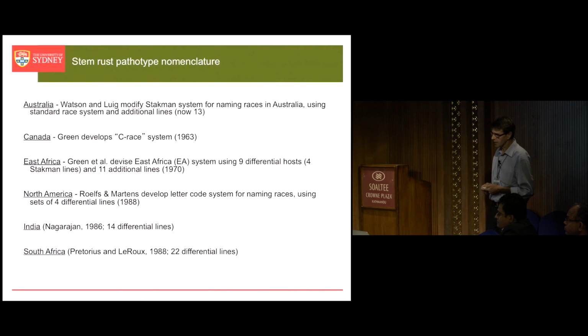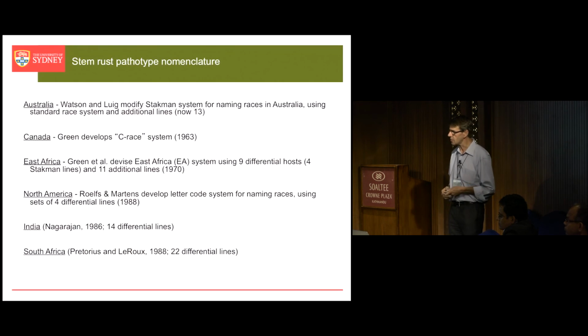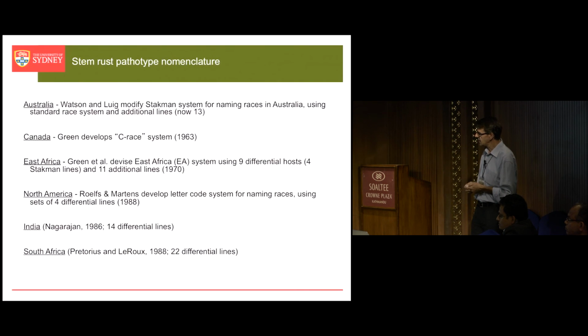In Canada, back in 1963, Dr. Gordon Green developed a system that he called the C-race system. Of course, in Canada now they have adopted the North American system, the TTKS system, but this predated that. Again, Dr. Green worked in East Africa in the late 60s, early 70s, and he devised an East African system.